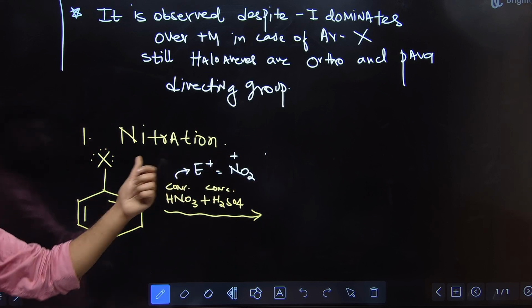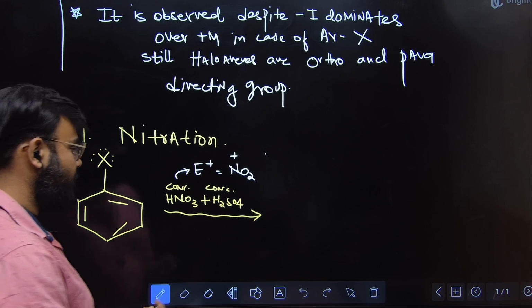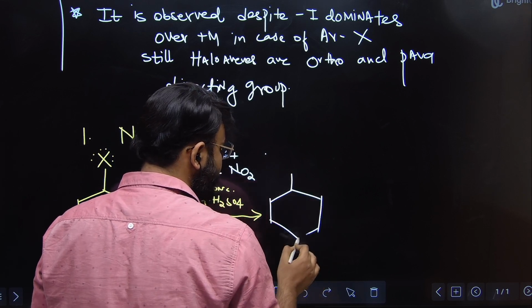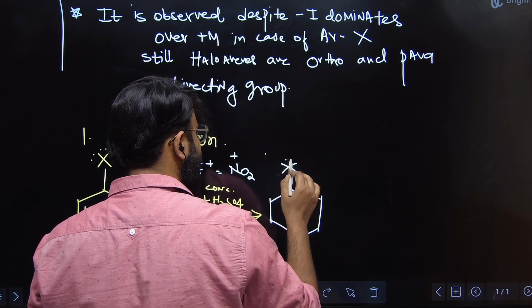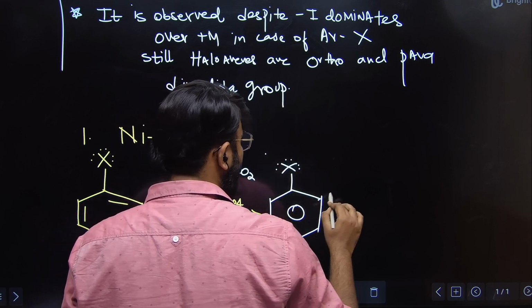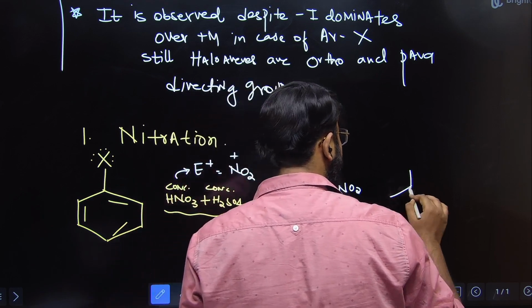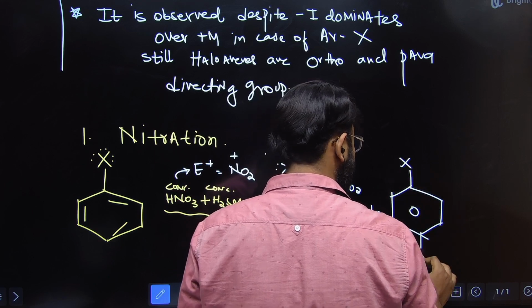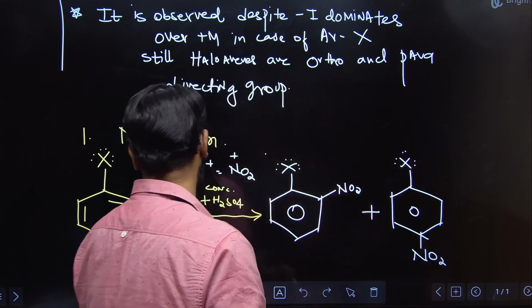So this electrophile will go at which positions? Ortho and para. So we will get the answer something like this. One NO2 will be here, another NO2 will be at para. Guys, one more thing.